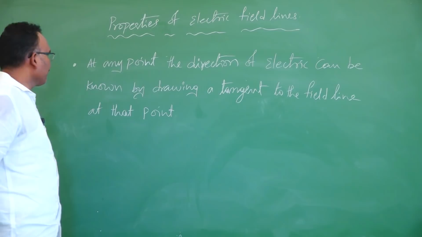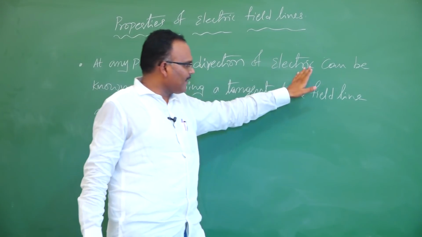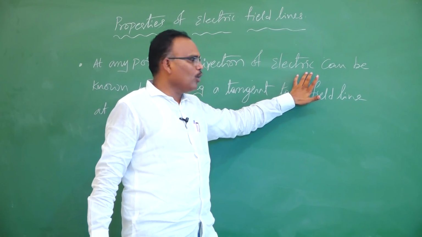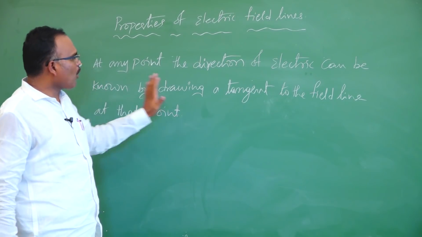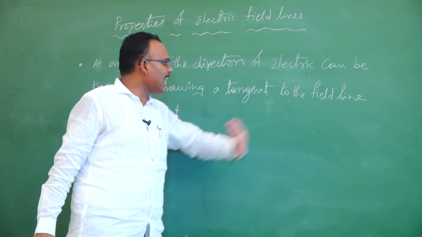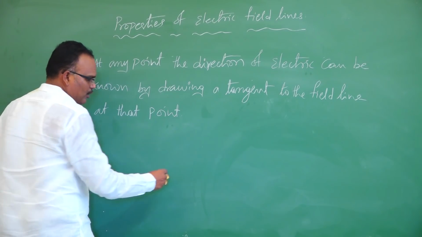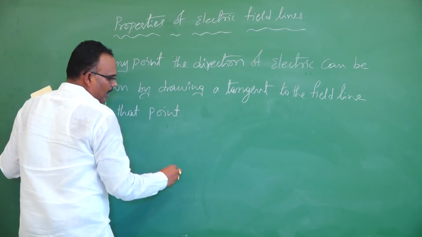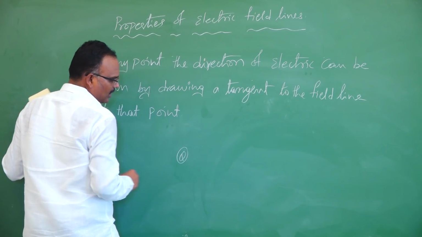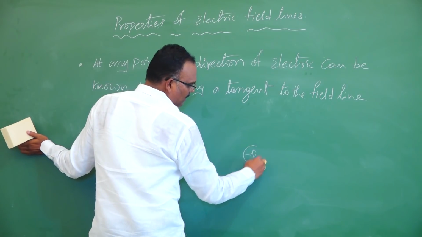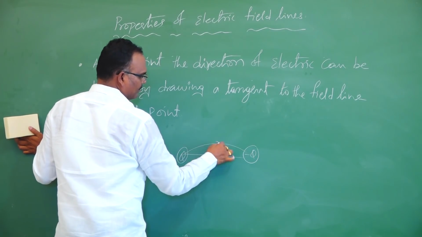Fourth property, at any point, if you want to know the direction of the electric field, we need to draw a tangent to the field line at that point. For example, here the field is existing due to maybe a combination of charges. Say, for example, one is a positive charge, another is a negative charge. Here I have drawn a few field lines.